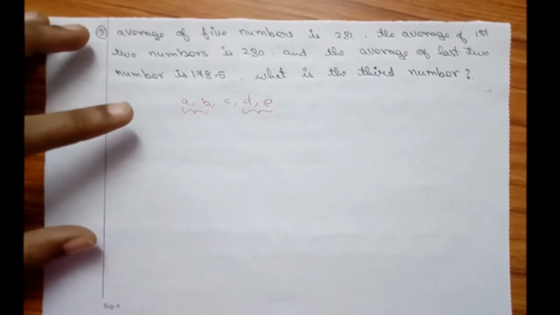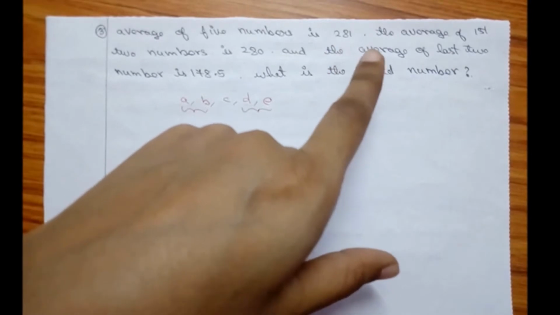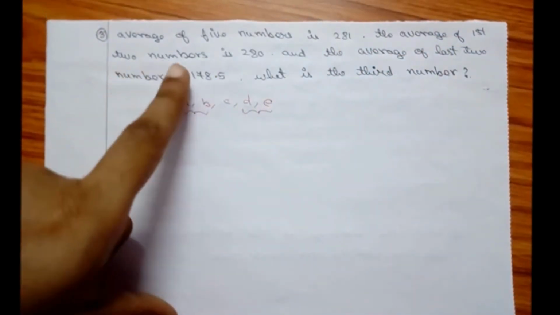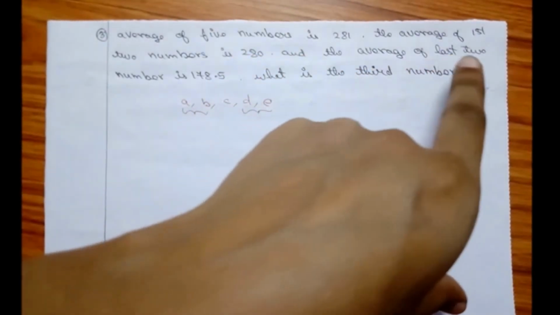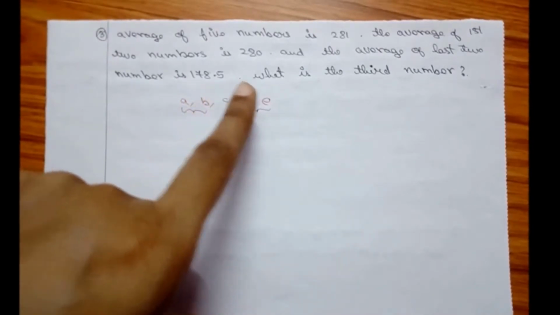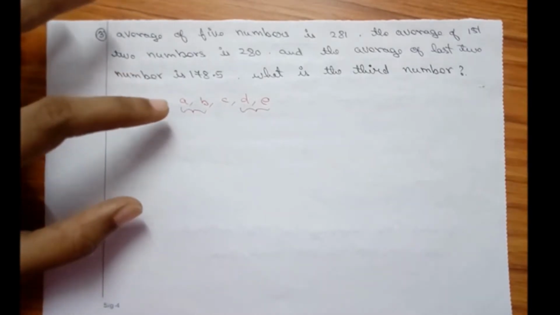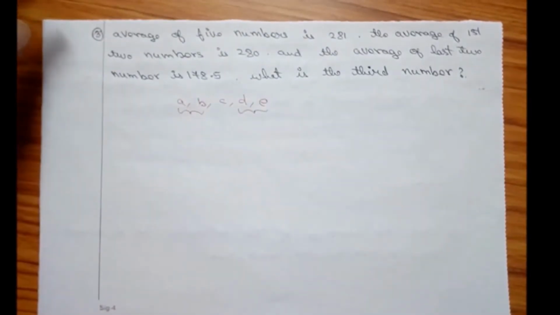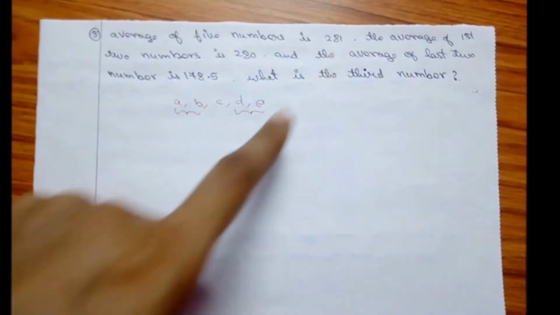For the third question, the average of 5 numbers is 281. The average of the first two numbers is 280 and the average of the last two numbers is 178.5. What is the third number? Here I am going to assume the 5 numbers as A, B, C, D, E. These 5 numbers' average is 281.